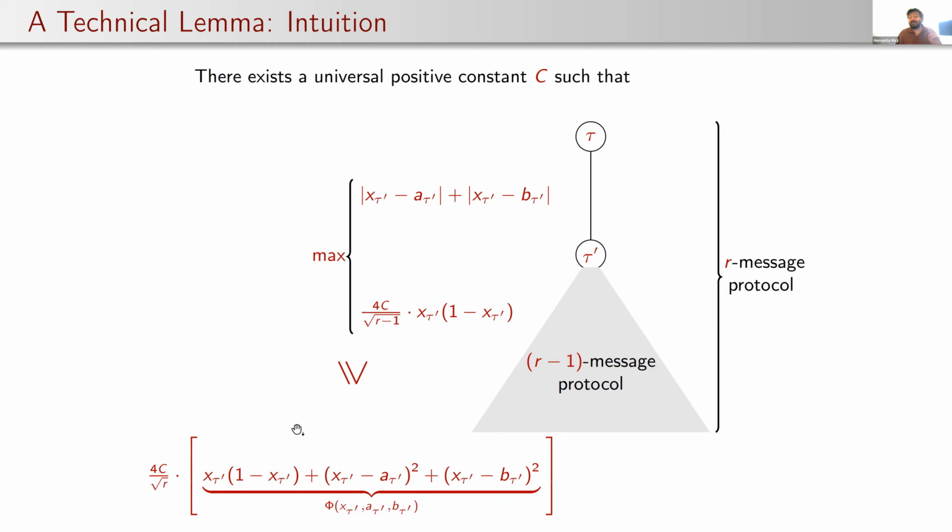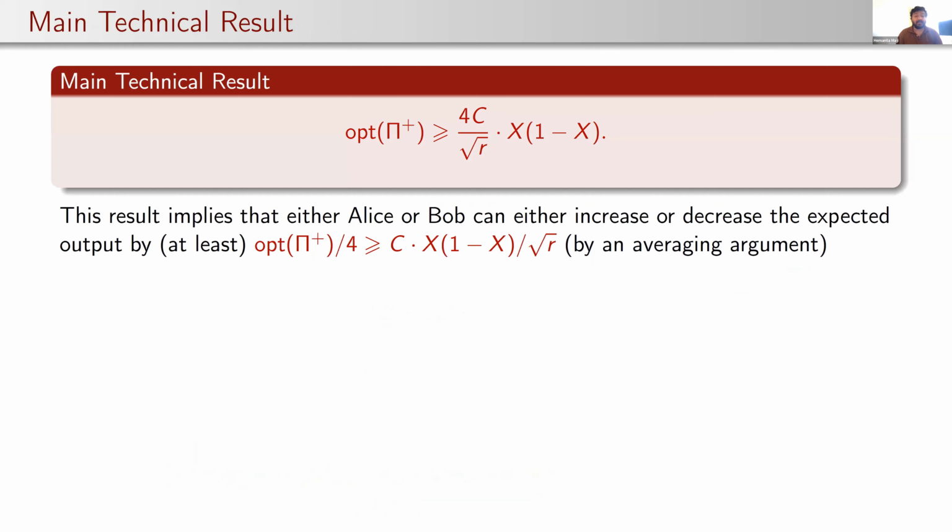Okay, now we have the two technical results that are sufficient to prove our main result. Our result says that the measurement of the optimal attack on a coin tossing protocol is lower bounded by the variance of x, the expected output, divided by square root of r, where r is the round complexity.